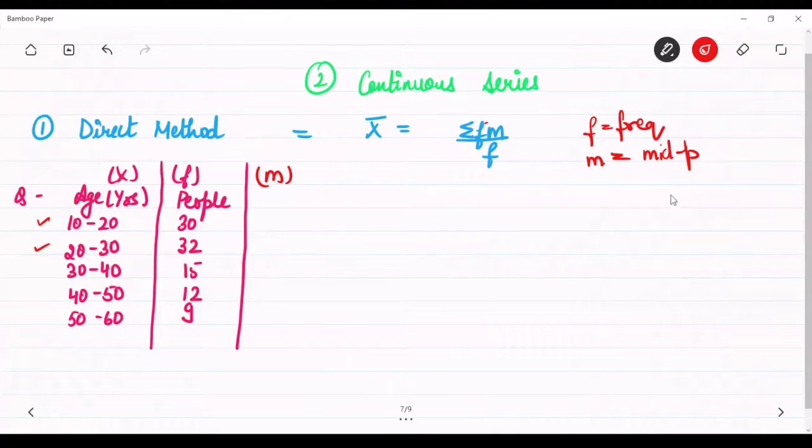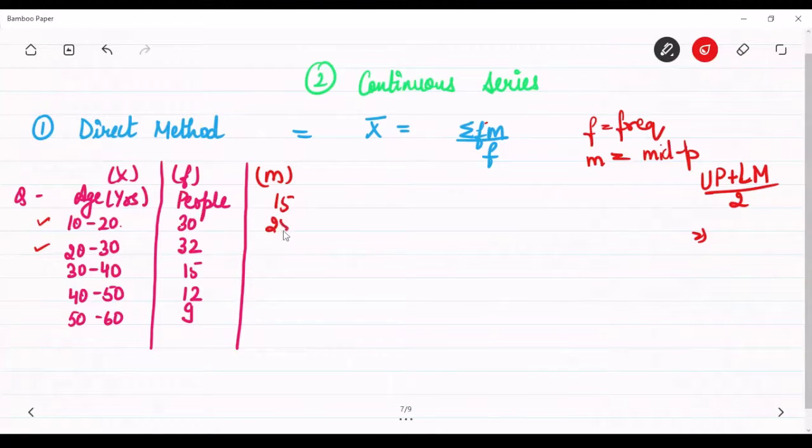So what is the formula to calculate m? What we do is we add upper limits to lower limits and divide by 2. Now what is the upper limit and lower limit? Upper limit of the class intervals. So in the first class interval, we are having 10 as the upper limit and 20 as the lower limit. When we add them and divide by 2, the answer we get is 15.